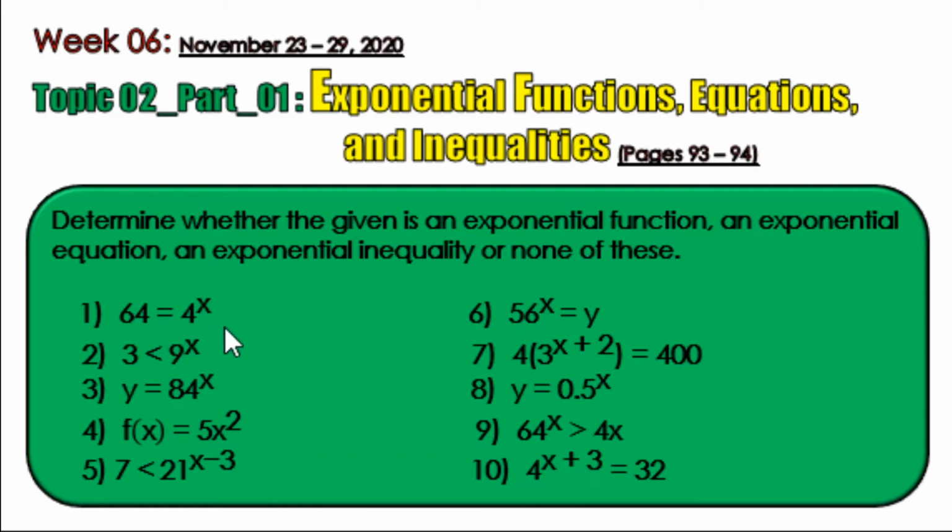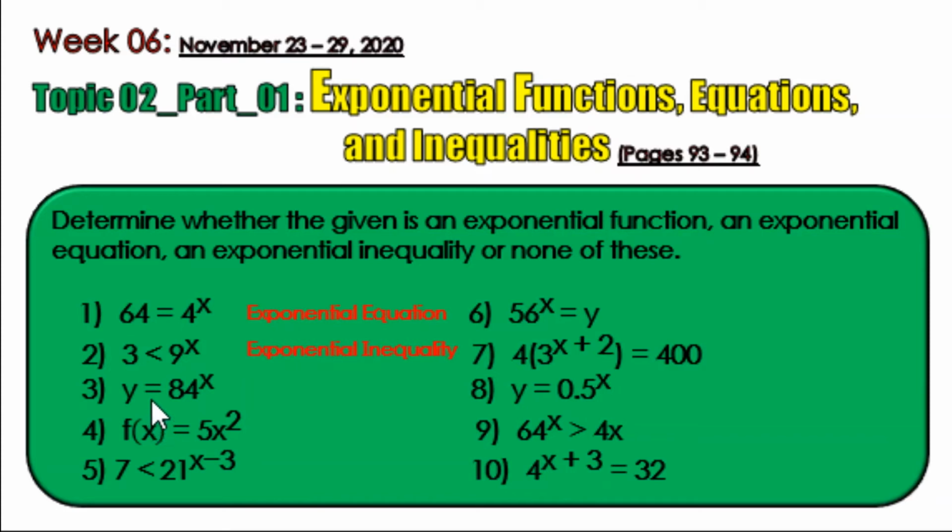This part is an exponential expression. Your variable x is found at the exponent. So therefore, this is an exponential equation. Number 2, we are using inequality sign. And this is an exponential expression. So therefore, this is an exponential inequality.